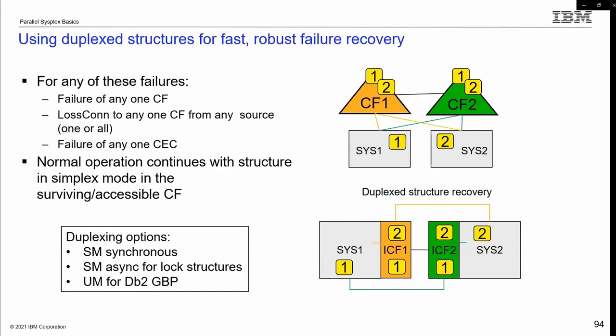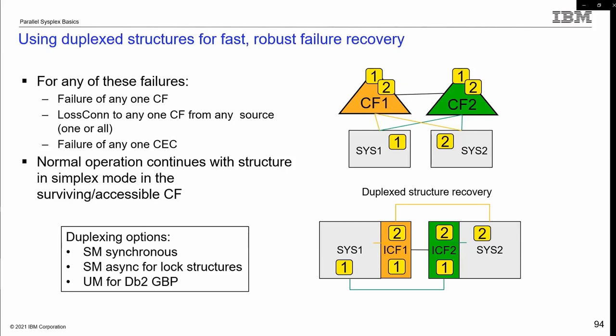And so there's different duplexing options. There's something called system managed synchronous. There's system managed asynchronous for lock structures. And then there's something called user managed duplexing also. So again, on the BOM diagram, we also have another example of this, where in this case, System 1 writes its data to both a local coupling facility, internal coupling facility 1, and it also writes to internal coupling facility 2.